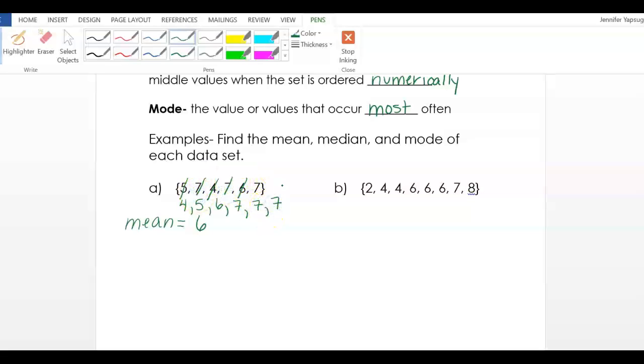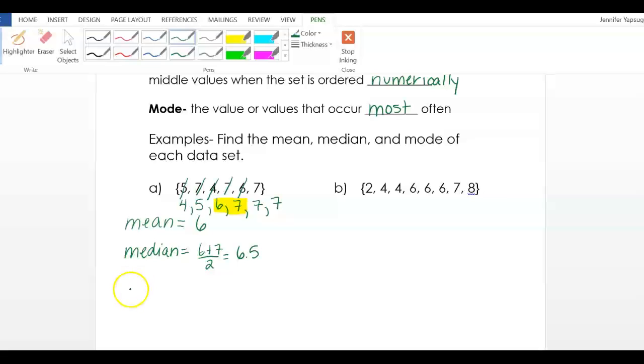So then if I'm finding the middle number, that would be these two. And remember from the definition, the median, if you have two middle numbers, you take the average. So that would be 6 plus 7 divided by 2. So that's 13 divided by 2, which would be 6.5. So that would be your median.